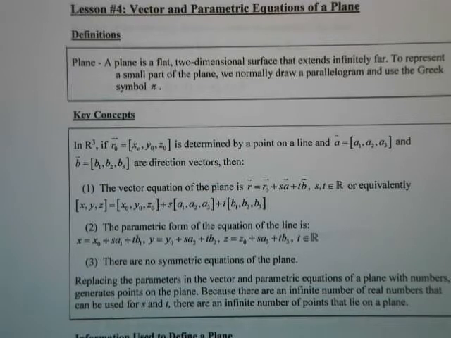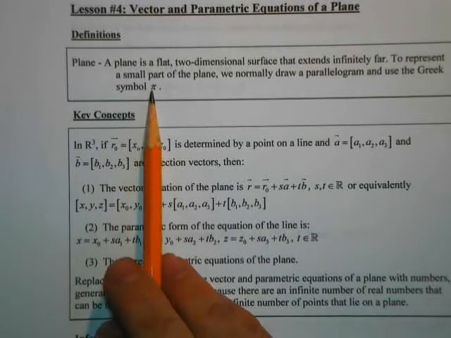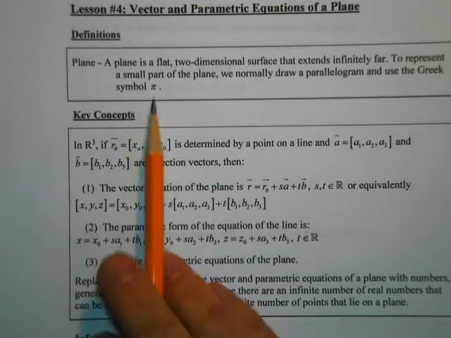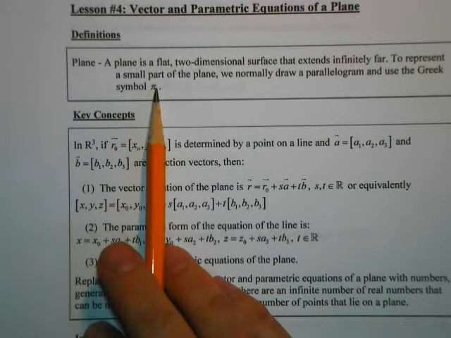In the previous lessons, when we represented different lines, we just used capital L with a subscript, L1, L2, lines 1 and 2. Today, when we have different planes, we're going to represent them with the symbol pi. So if you had two planes, we could call them pi 1 and pi 2.